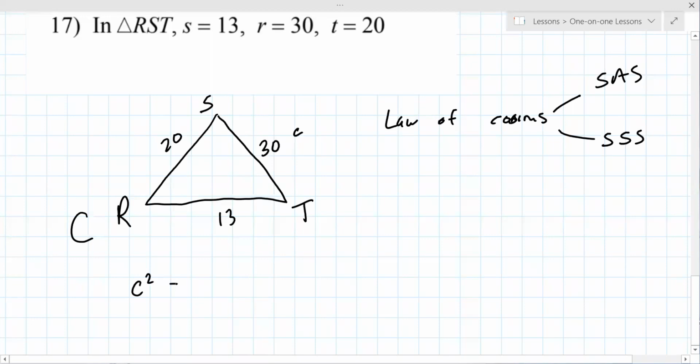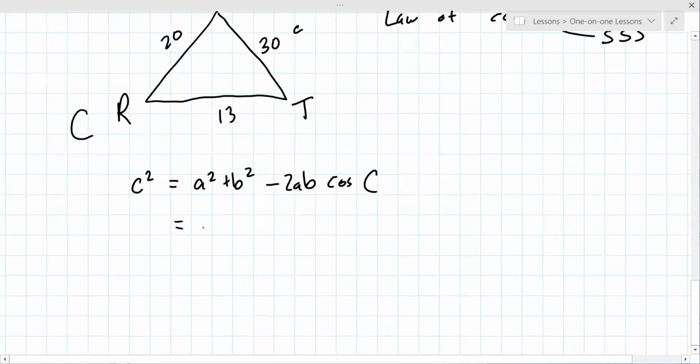So your formula is c squared equals a squared plus b squared minus 2ab cosine big C. A and b are the ones around the angle you're either given or trying to find. So this is 20 squared plus 13 squared minus 2 times 20 times 13 cosine c. We're not given this angle, but we are given little c, 30 squared.